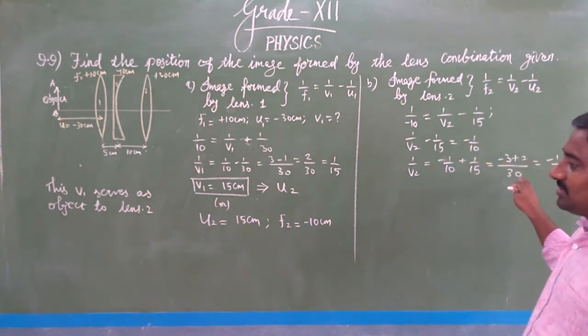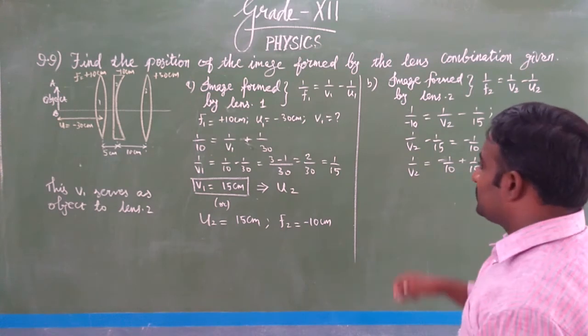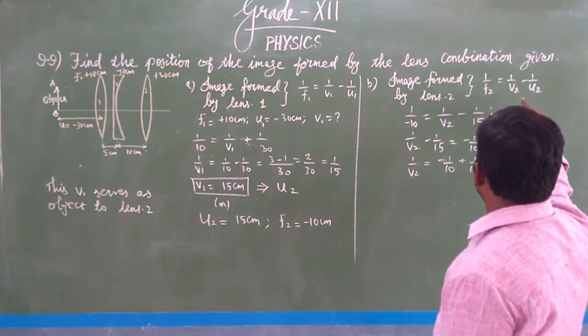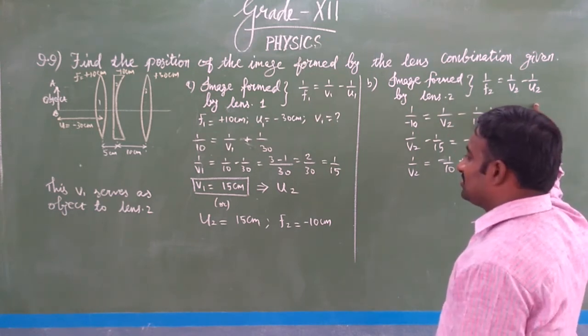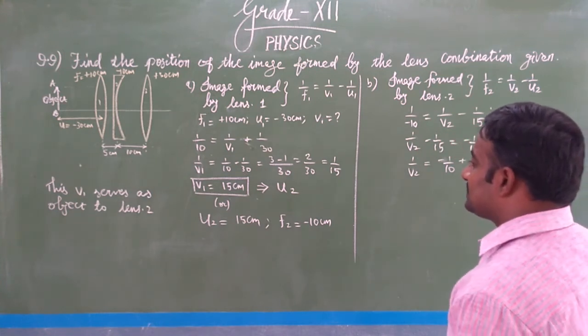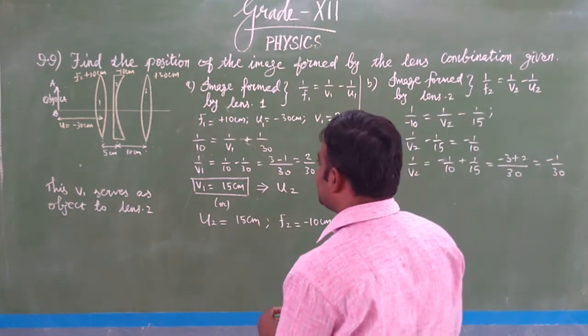Hence minus 1 by 30. There are some changes; v2 is what we want to find. U2, which is 15 centimeter, yes. Here we made one mistake.